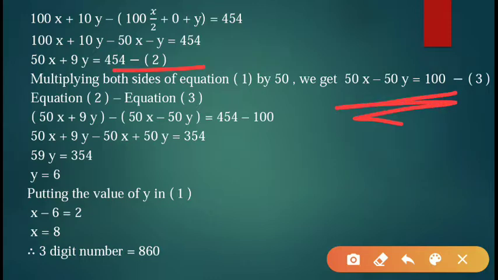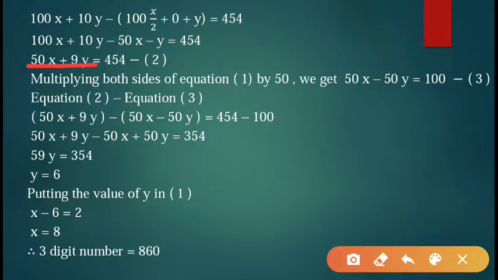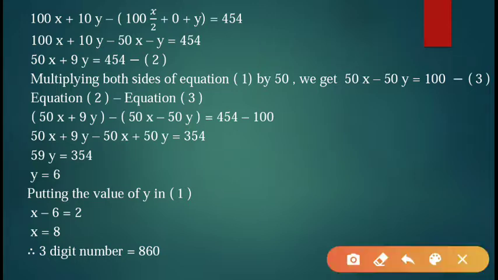Now subtract equation number 3 from equation number 2. Equation 2 minus equation 3. So first write the left hand side of this equation. Here there is a minus sign, and then the left hand side of the equation number 3 is equal to 454 minus 100. Okay. Now when you open the bracket, the sign will change. 50x plus 9y, this will be as it is.